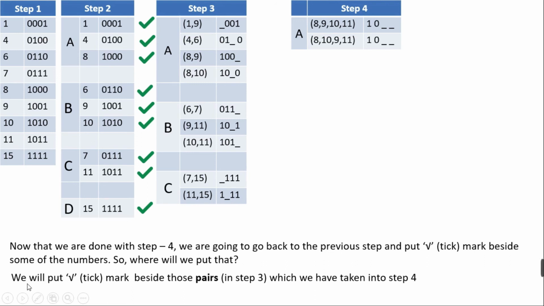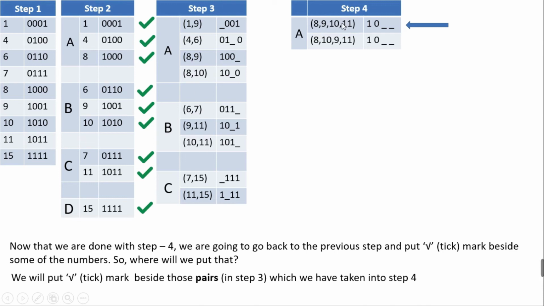The rule says we'll put tick marks beside those pairs in step 3 which we have actually taken into consideration in our step 4. So let's see how it works with an example. For the first one right there, 8, 9, 10, 11. We have written these numbers because we took into consideration two of the pairs, 8, 9 and 10, 11.